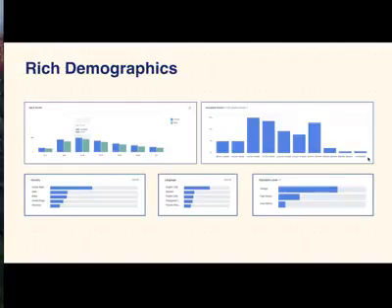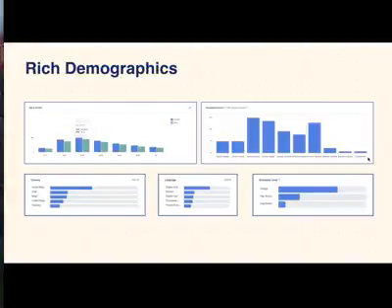The second aspect, aside from omnichannel, is that it's a tool that helps you analyze demographics. We provide very, very rich demographics data, including, as you can see here, age and gender, which are accurate based on Facebook profiles, household incomes, countries, languages, education level, even relationship status, and so on and so forth.